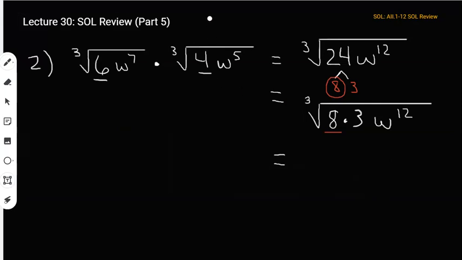And this is because 2 times 2 times 2 is equal to 8. So I can take out the 8 as a 2. But this 3 right here has to stay under the radical. So when I do a cube root, I have to keep that 3 under there, along with the w to the 12th.